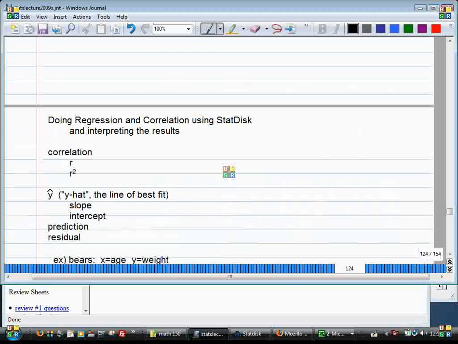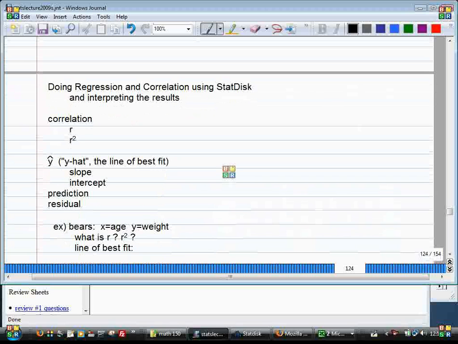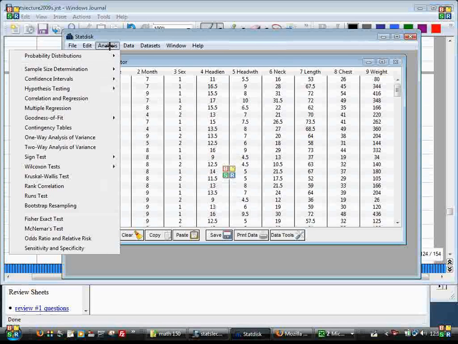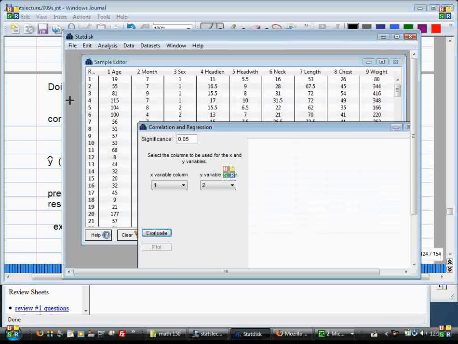Okay. So now we're going to do all our analysis. The way that you do this is go to Analysis and click, there it is right there, Correlation and Regression. For our purposes, we're going to ignore the significance. Now, which is our x variable column?